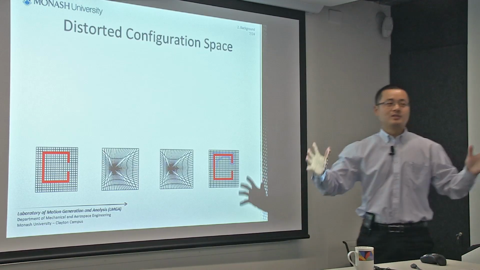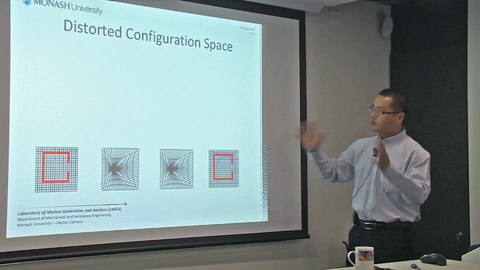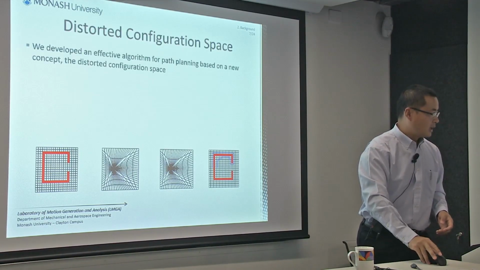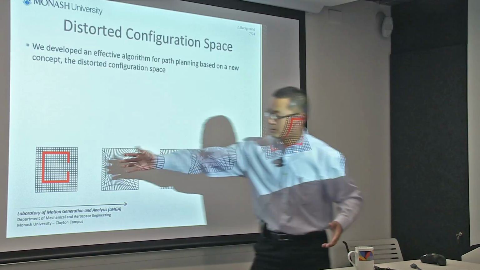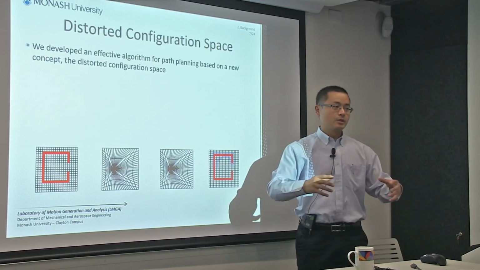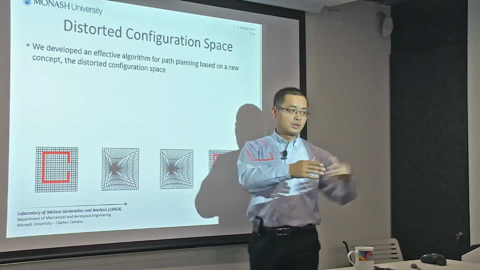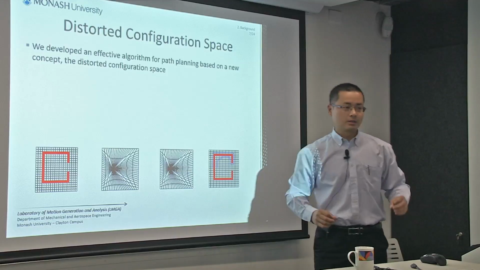So this distorted configuration space is like this. We have a workspace, for example, like this. It is C-shaped. It is just a very standard problem. You want to find a path between any two blocks.